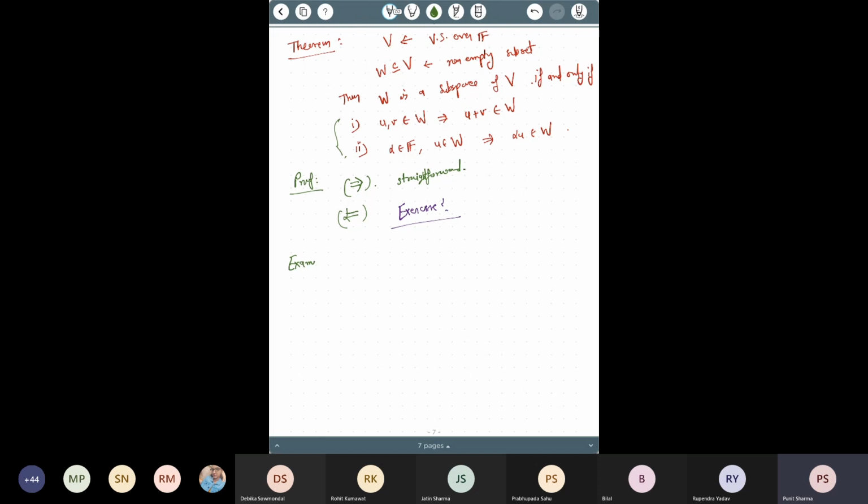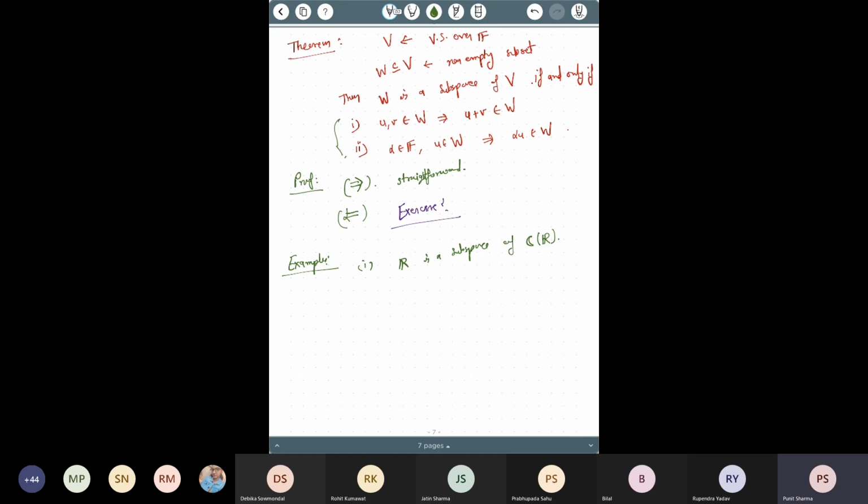So for example, these are some very basic things. R is a subspace of C over R. Every vector space is a subspace of itself.